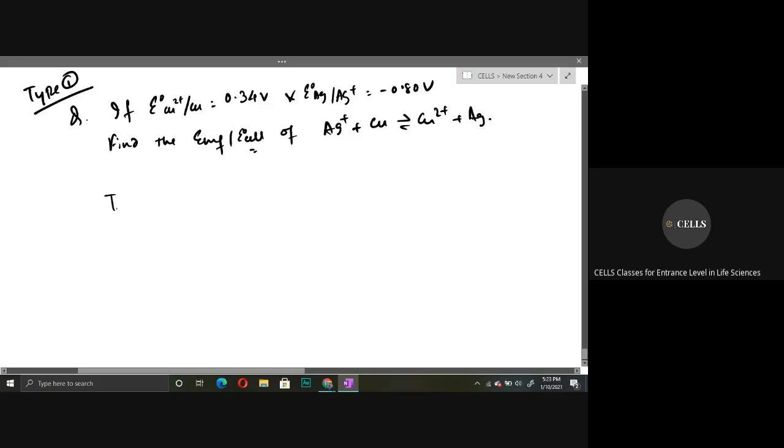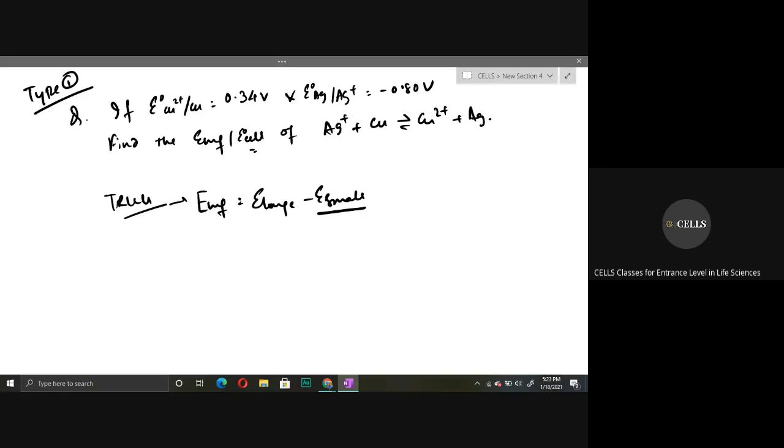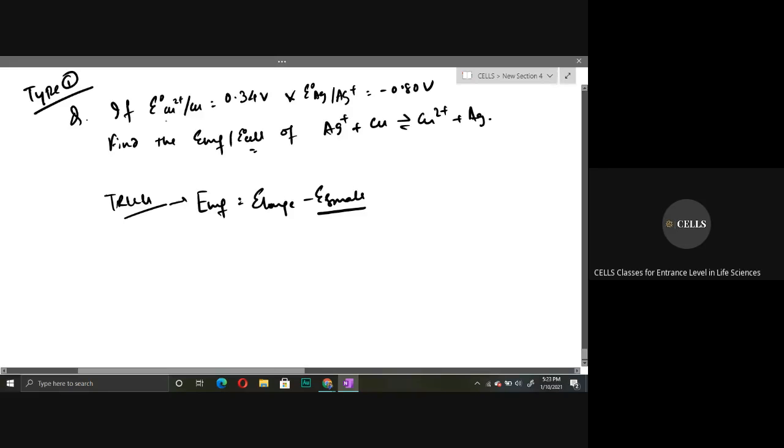So the trick was: EMF or E cell will be E large minus E small. But before that, if there is any oxidation potential given, convert it to reduction potential. You have two reduction potentials, and now just subtract the smaller one from the larger one. Now this one, Cu2+ to Cu.